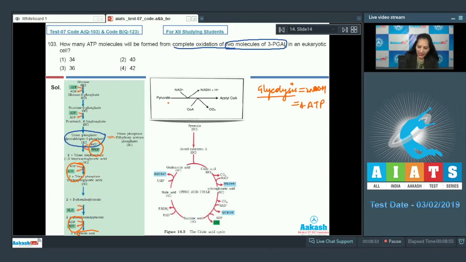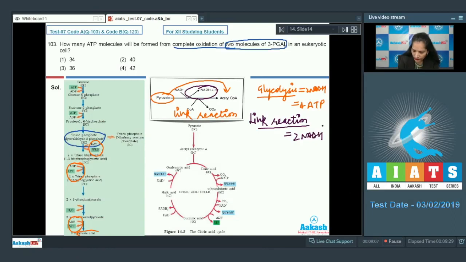So this pyruvic acid, or the pyruvate, enters into the mitochondrial matrix where it converts itself into acetyl coenzyme A, and this step is called link reaction. So in link reaction, there is formation of 2 NADH plus H plus.